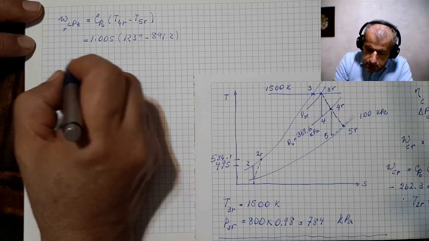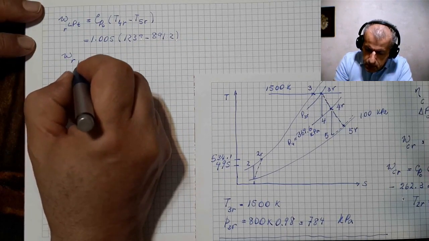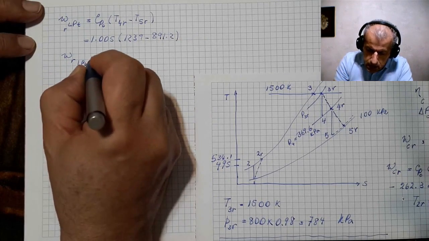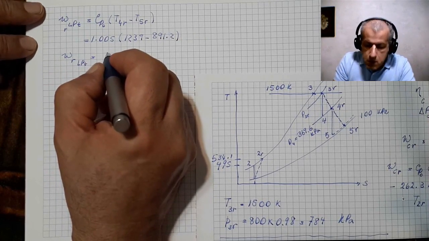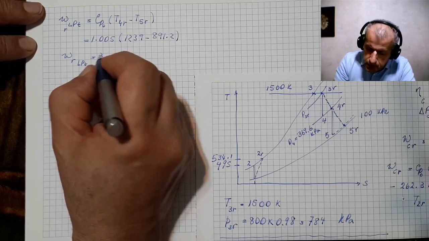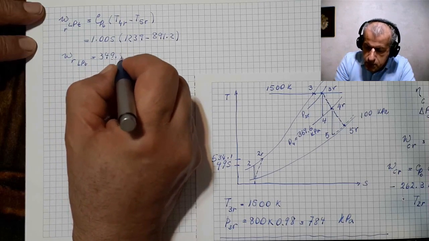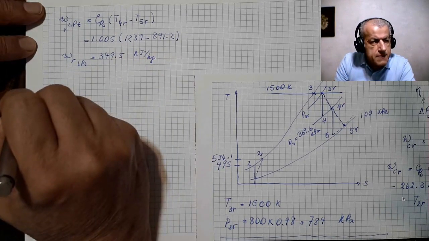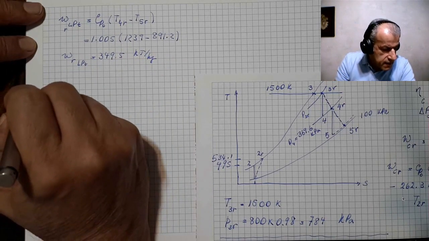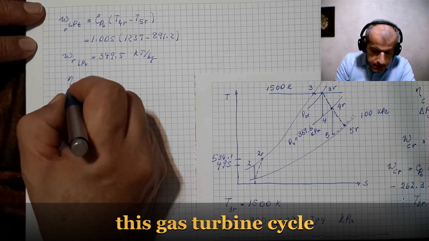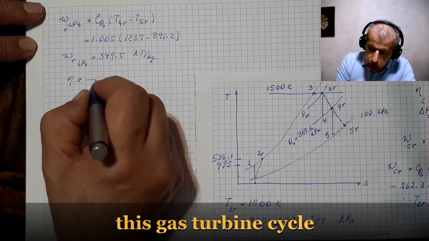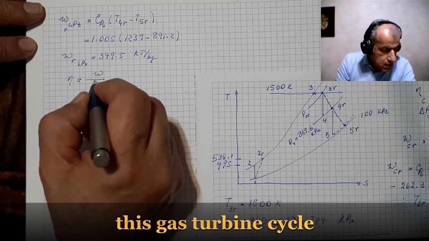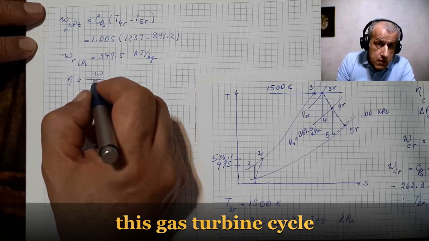The outcome for the real work of the low pressure or power turbine would be 349.5 kilojoules per kilogram.